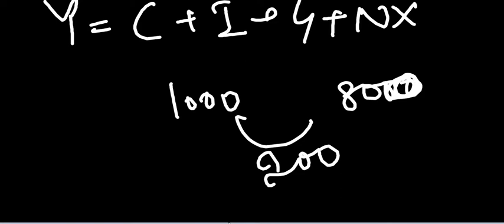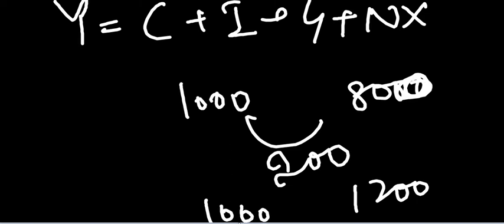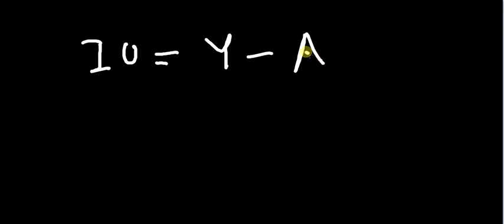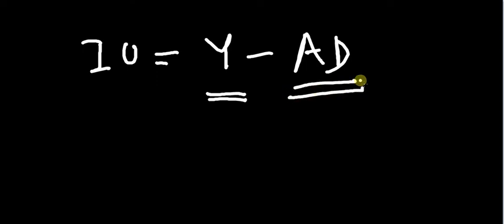Similarly, suppose I produce 1000 units but 1200 are demanded, then I will have negative unplanned inventory. People were demanding more, I was not able to produce more. So we define unplanned inventory as IU equals Y minus AD, where Y is the output actually produced in the economy and AD is the output actually demanded.